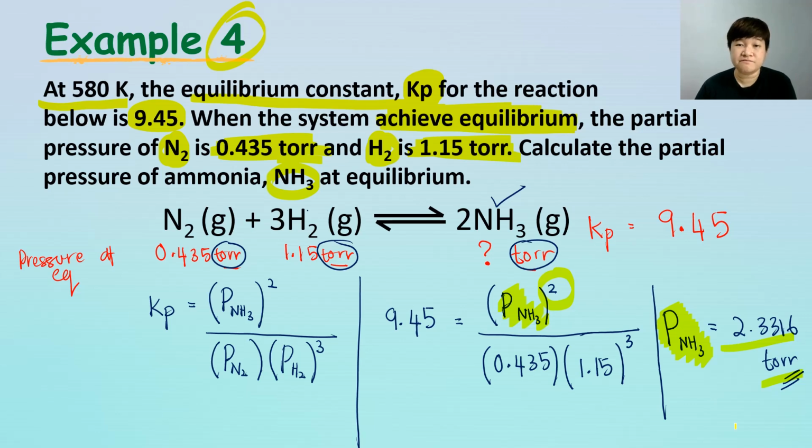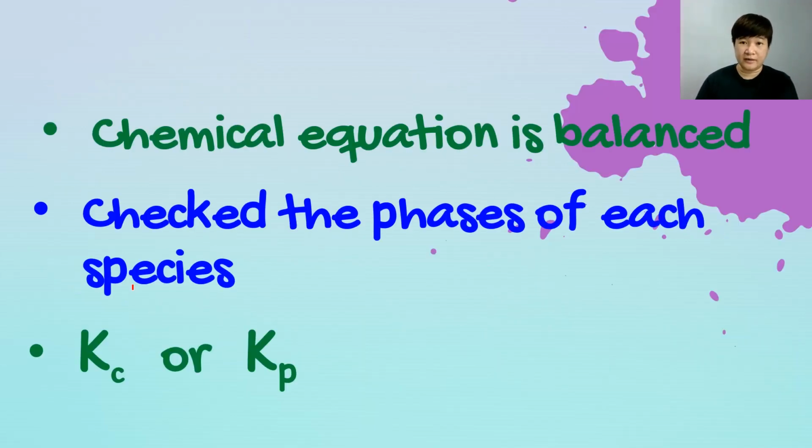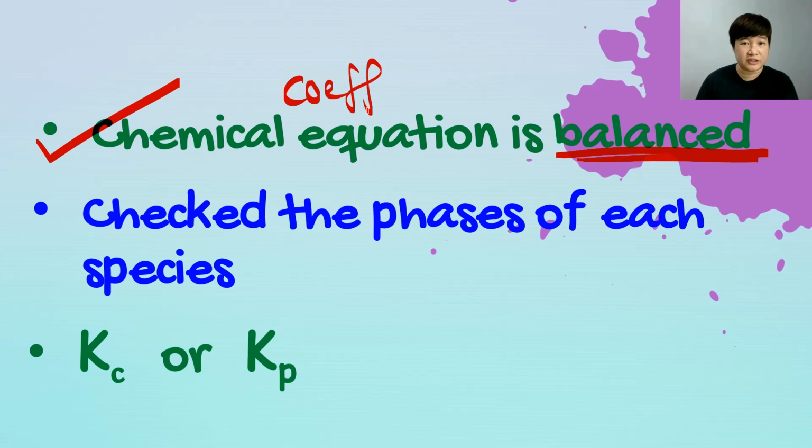Very simple. A bit of conclusion over here. First and foremost, make sure you check your chemical equation and it must be balanced before you use it because we are going to use the coefficients.